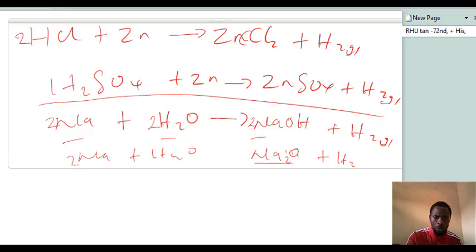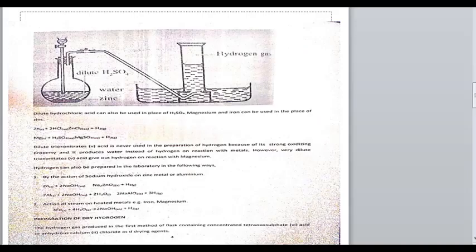Another thing we will be looking at is some metals, when heated red, reacting with steam. Some metals react with steam, like iron and aluminium.